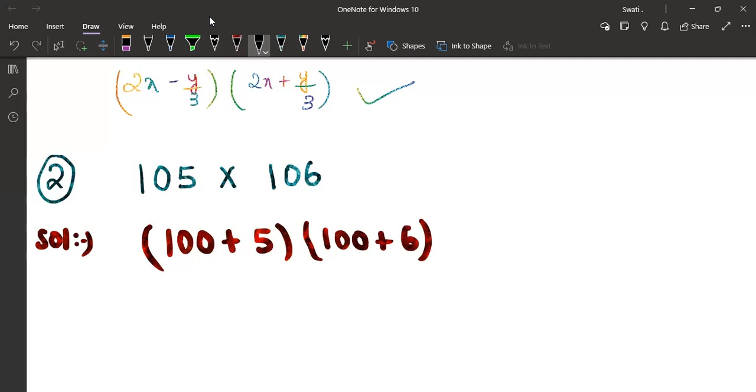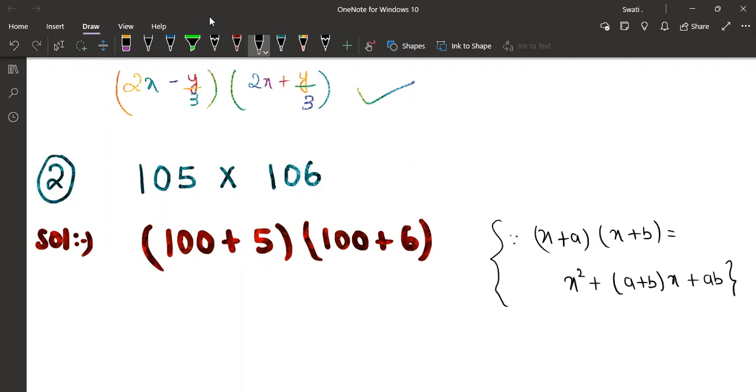It is this formula. So let me write it down over here. Since x plus a into x plus b, it simply says x squared plus a plus b into x plus ab.